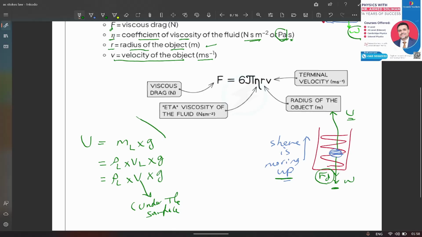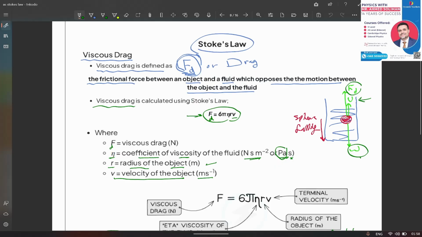So you need to memorize this equation. It will not be given in the equation sheet. Now let's continue.